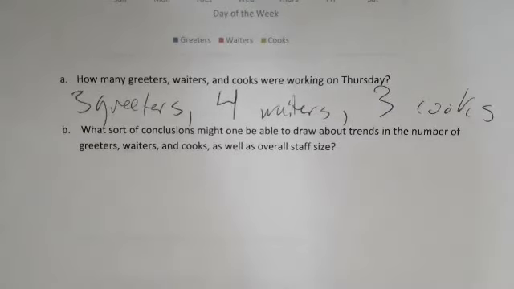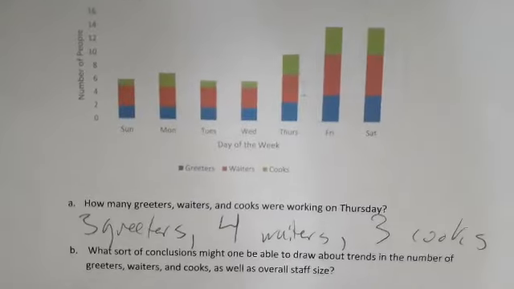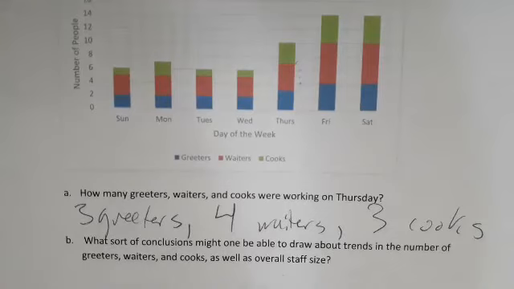What sort of conclusions might one be able to draw about the trends in the number of greeters, waiters, and cooks, as well as the overall staff size? If we're looking at greeters, it looks like they usually have a consistent amount of 2 greeters. It goes up to 3 and goes up to 4 on Friday and Saturday.